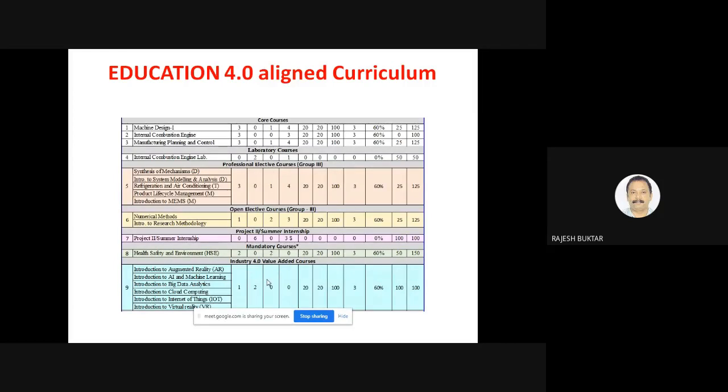And 4 to 5 years back, we started offering these courses to our students. That is the reason why we were able to develop expertise among our students, and we were able to develop some good BTech and MTech projects, as well as some good PhD related research.